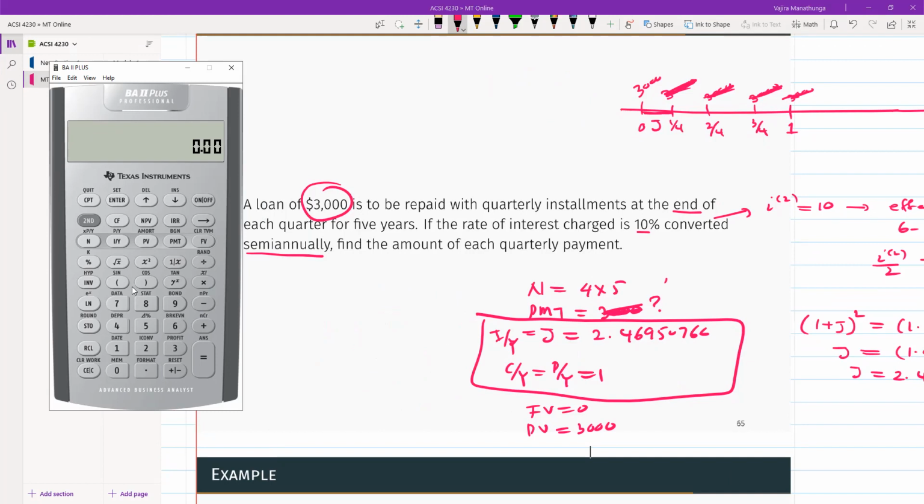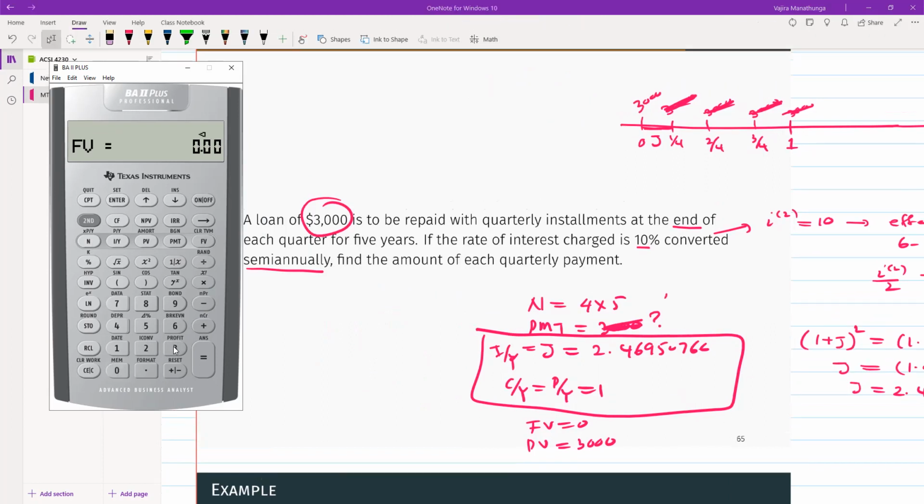So there are 20 payments, and 0 is the future value. 3,000 is the present value, and then the rate is 2.46950766.